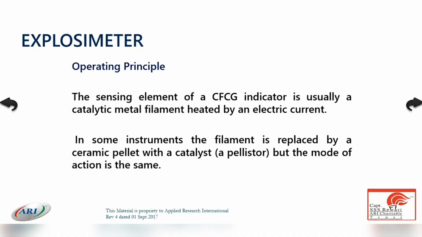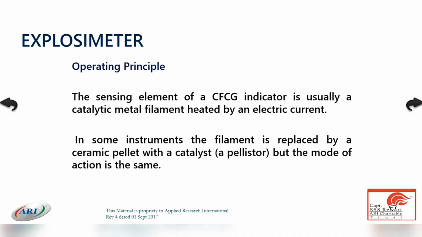Sensing element of the CFCG, catalytic filament combustible gas indicator, the explosimeter, is a catalytic filament heated by an electric current. A very sensitive filament is used, which can be heated by a small electric current. In some instruments, the filament is replaced by a ceramic pellet with a catalyst, but the mode of action is the same.